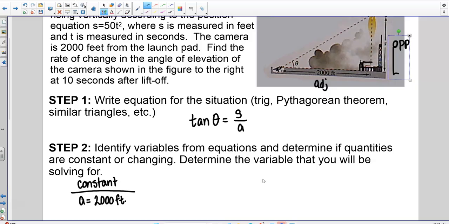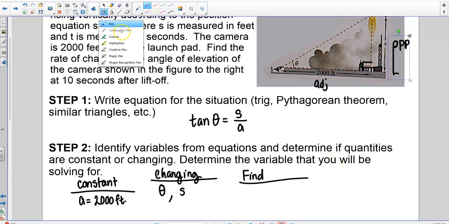Now, changing, we know that both the angle and the value of S are changing. And then we need to think about what we are supposed to find. The problem says to find the rate of change in the angle.